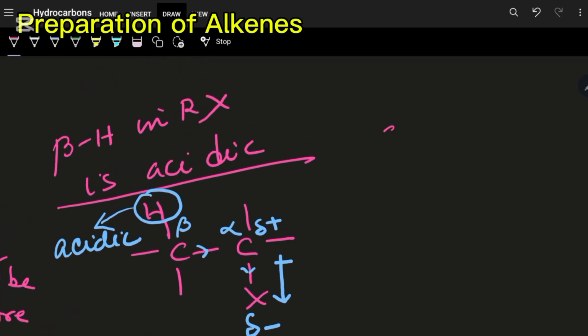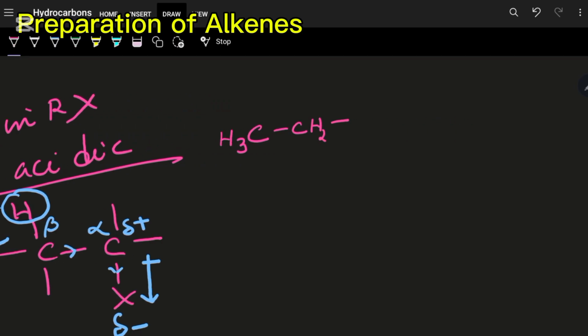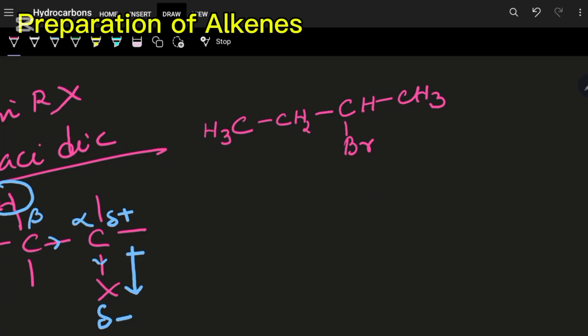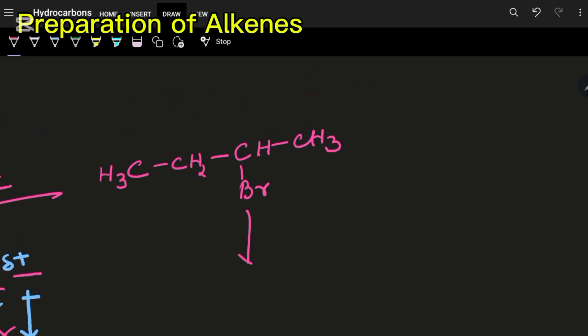So suppose I am writing CH3, CH2, again a CH, here there is a Br, and here there is a CH3. So how many products do I get if I use alcoholic KOH and heat it?